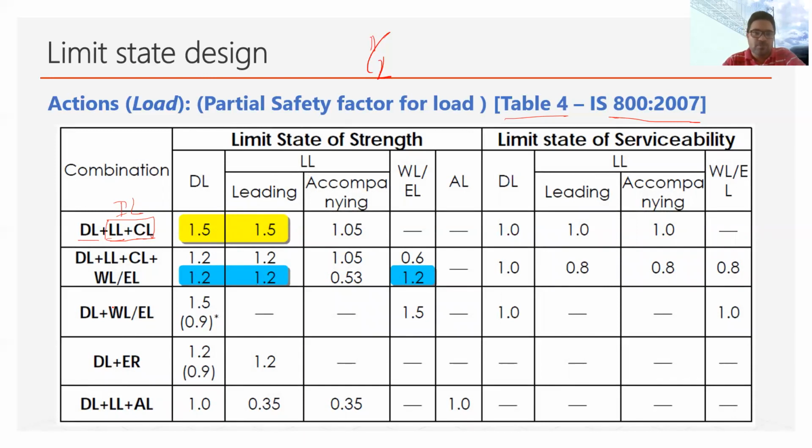So the factor of safety for load is taken as 1.5 in case of dead load and 1.5 in case of leading live load. Well, there are two types of live load which are given as leading load and accompanying load. Well, what is the meaning of leading load and accompanying load? Well, for example, consider there is a frame and there may be some load over this frame which may be considered as a live load.